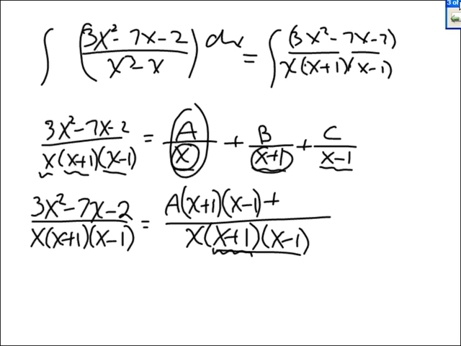So I need to multiply by x times x minus 1 in the bottom to get this denominator. So I have to do the same to the top. I have to multiply by x times x minus 1, the missing factors. The bottom was missing x and x minus 1. X plus 1 was missing those two factors.